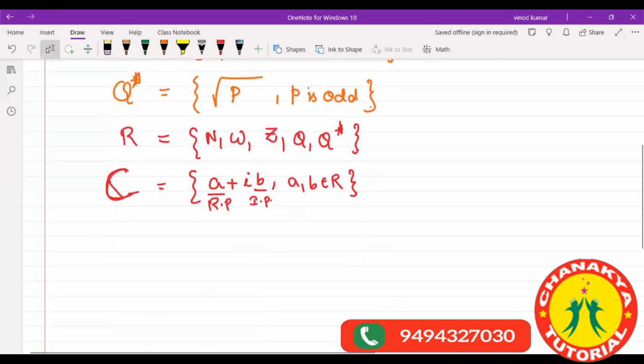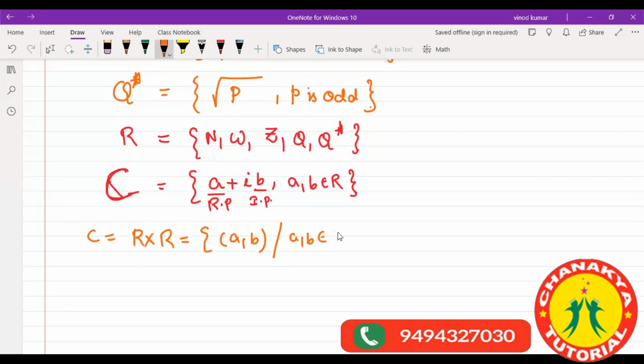C equals R cross R, real numbers to real numbers, having ordered pairs (a, b), such that a and b are both real numbers, where a is called the real part and b is called the imaginary part. So i is the imaginary symbol and i square value is -1.